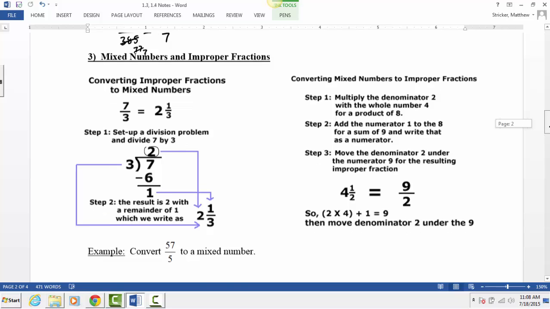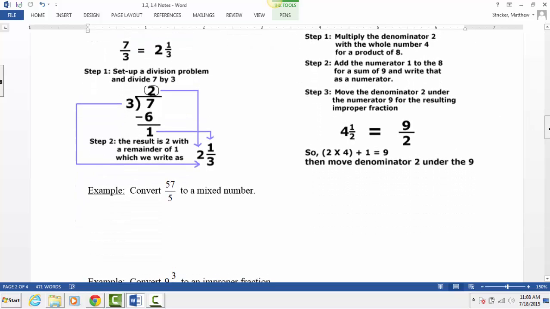So we could go ahead and do that with the example here. We want to take 57 and divide it by 5. 5 goes into 5 once. 1 times 5 is 5.